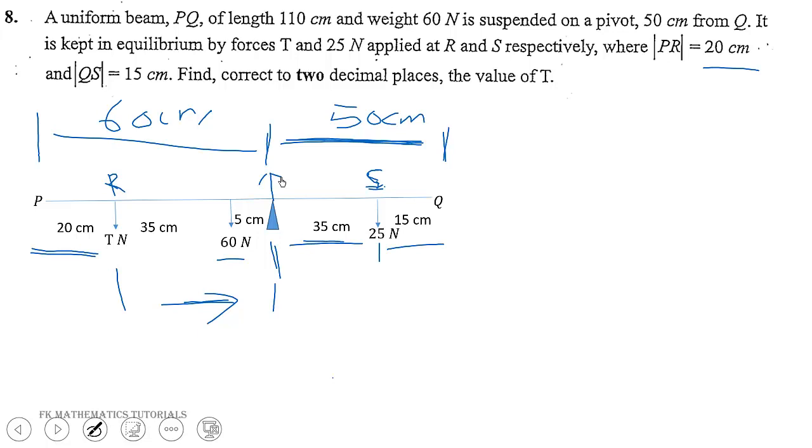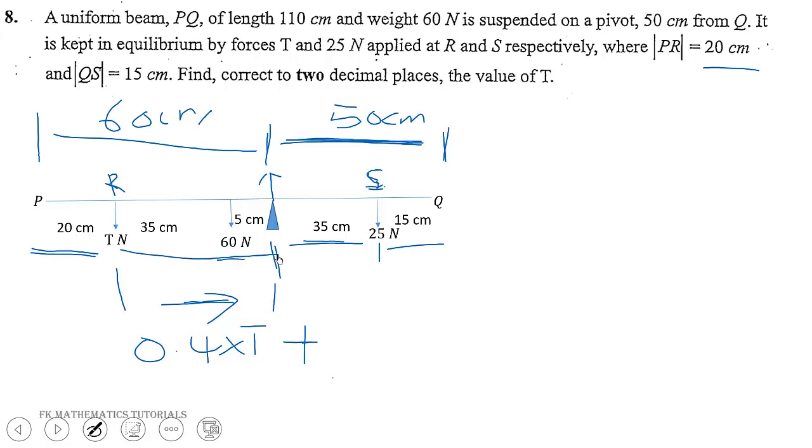So in meters, that will give us 0.4 meters times T. Moment is the force times the perpendicular distance. So taking the anti-clockwise moment about the pivot, 0.4 times T, because from here to here is 0.4.